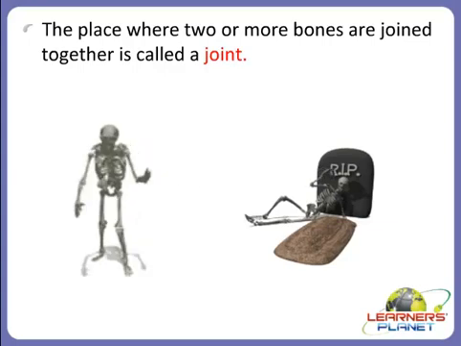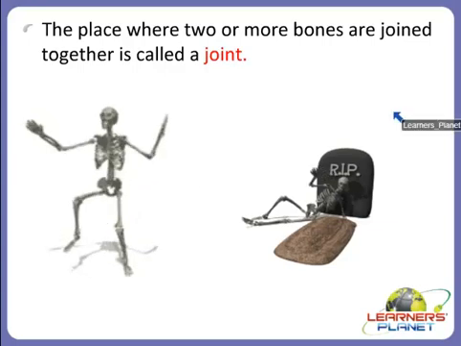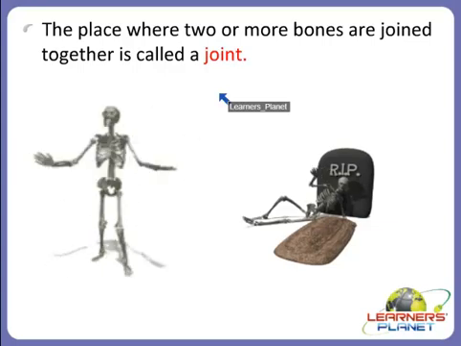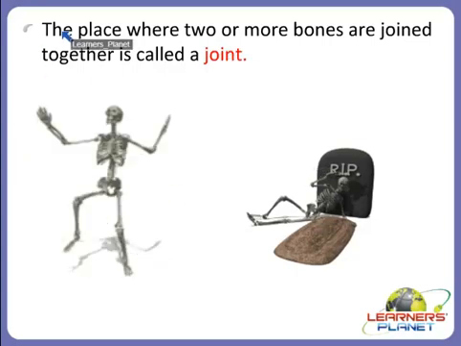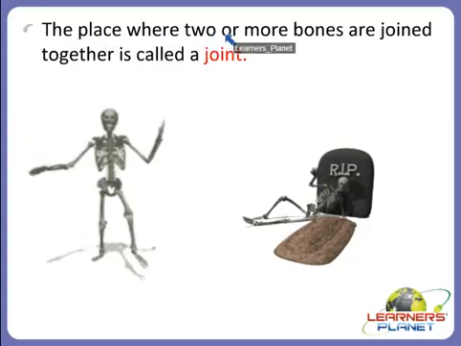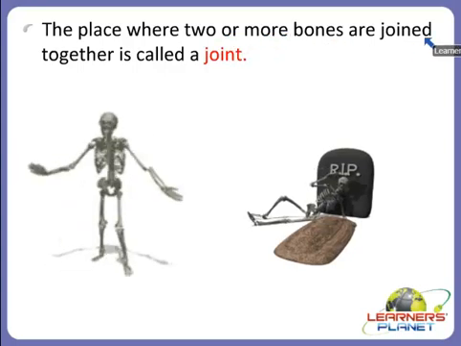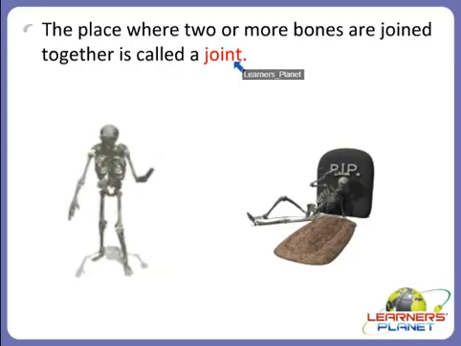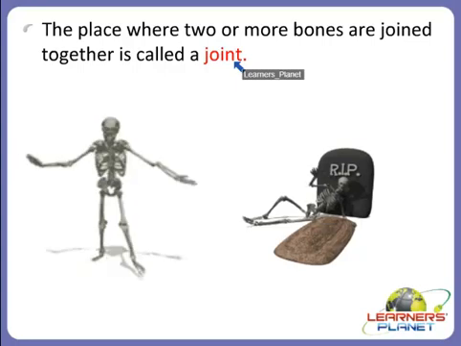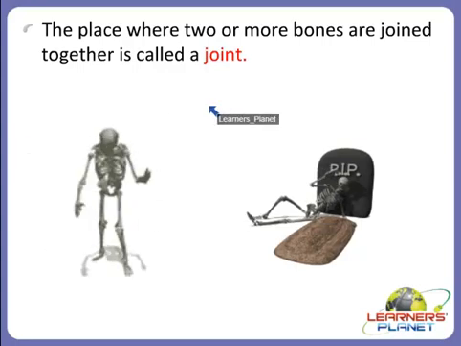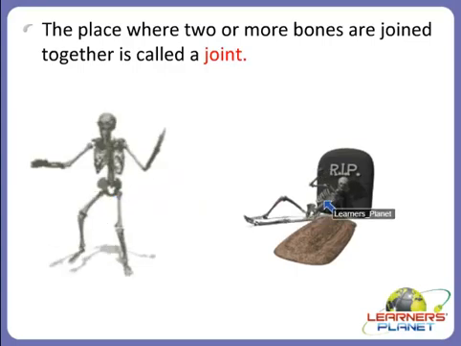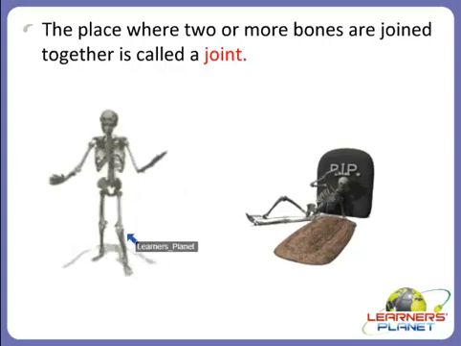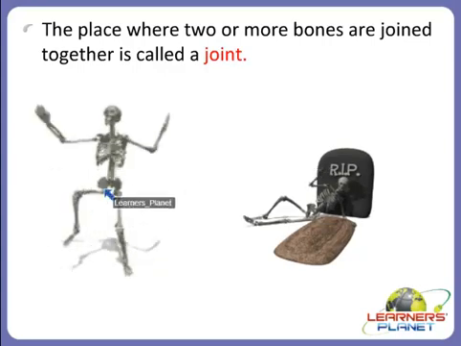Now children, we will study about a joint. So children, what is a joint? The place where two or more bones are joined together is called a joint. So children, we can see in the figure that we can bend our body around the joints.